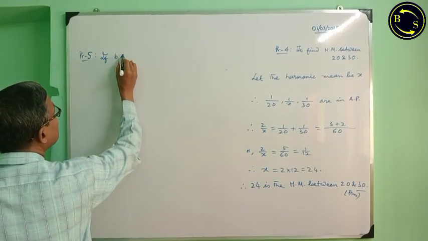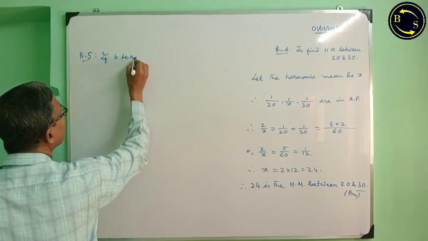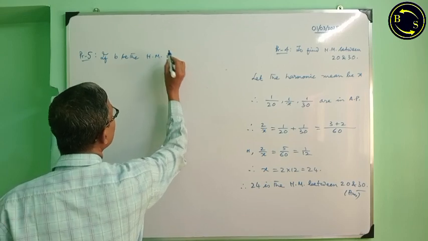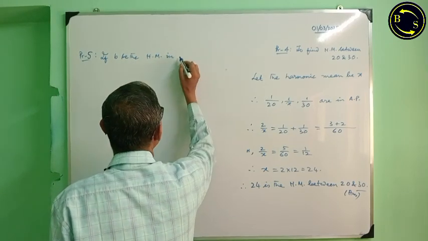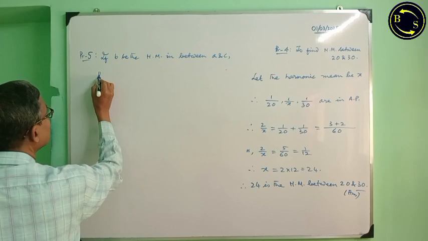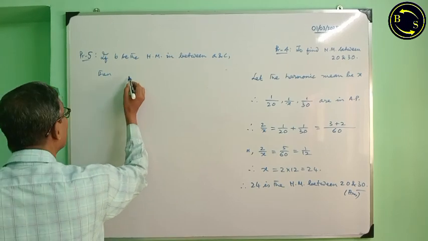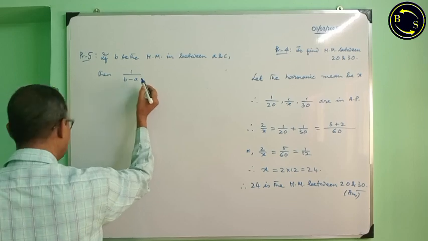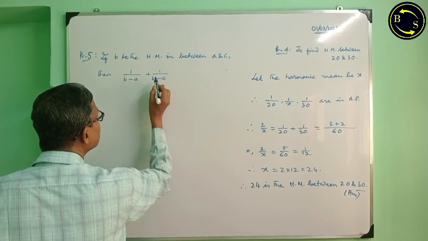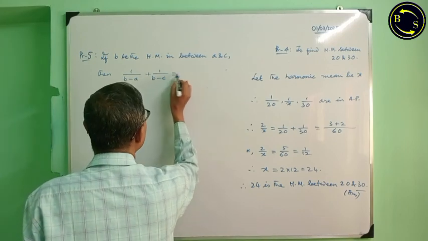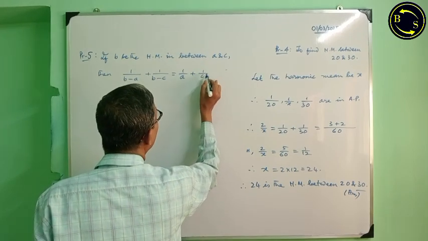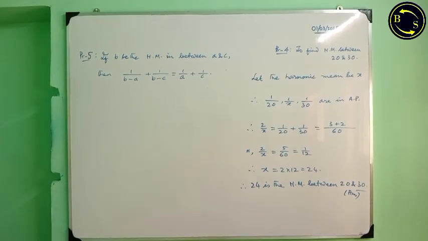If B be the harmonic mean between A and C, then 1 by (B minus A) plus 1 by (B minus C), that is equal to 1 by A plus 1 by C. This sum.